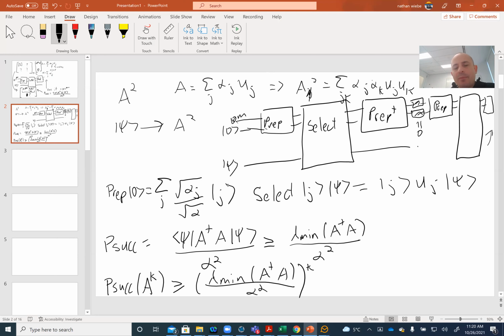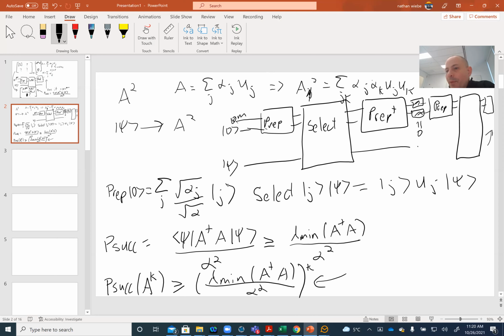But if we want to apply that matrix a bunch of times to a particular state, then we end up getting this worst case success probability fall off that's exponential. Now, note, even in the case where this bound is tight, for example, if A is unitary, then the probability of success is just 1 over alpha squared. We'd see that there actually the probability of success still falls off exponentially.